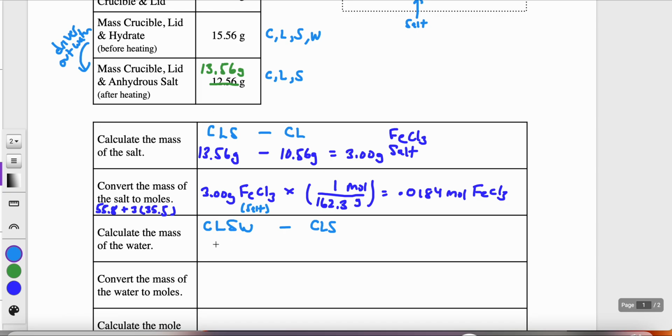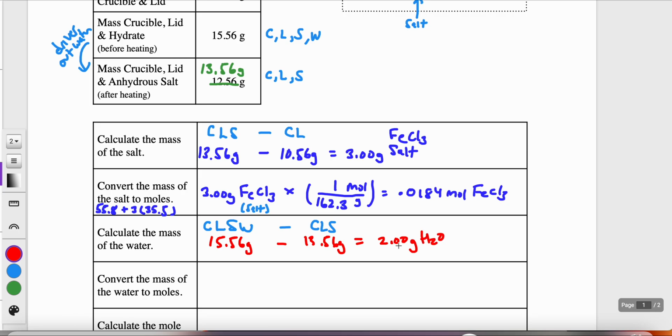So it is the 15.56 grams minus the mass of the crucible, lid, and salt, which is 13.56 grams. So 15.56 minus 13.56 leaves me with 2.00 grams of water.